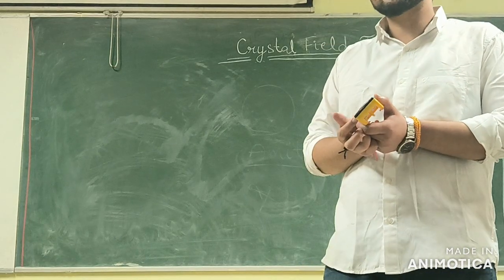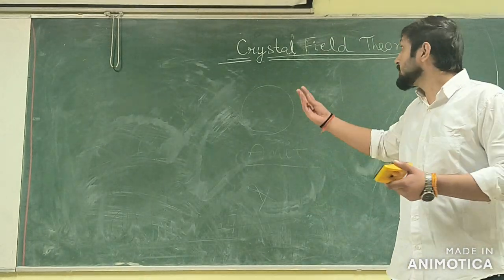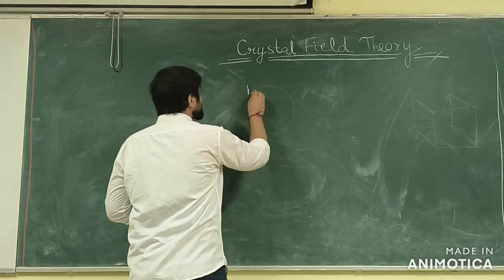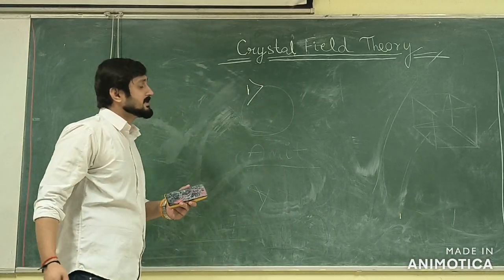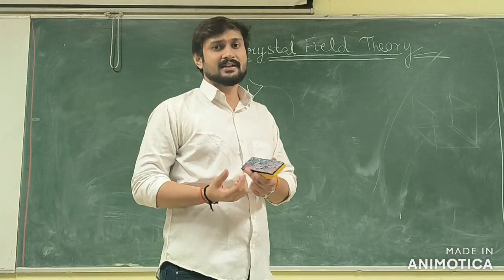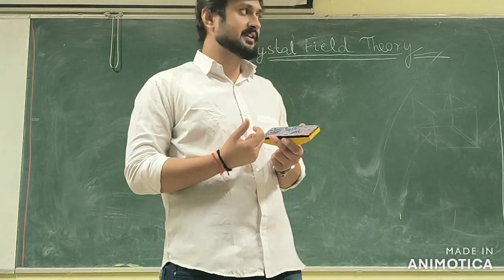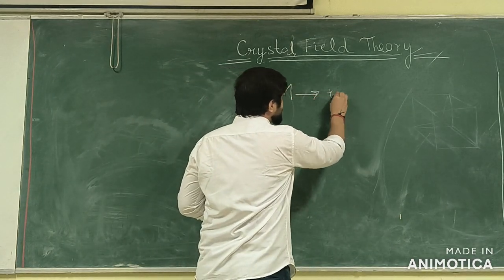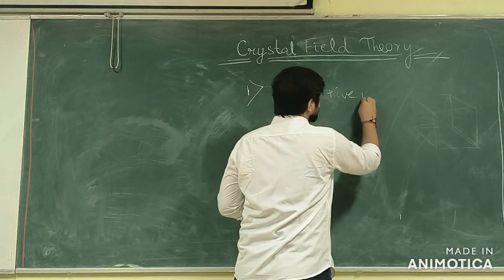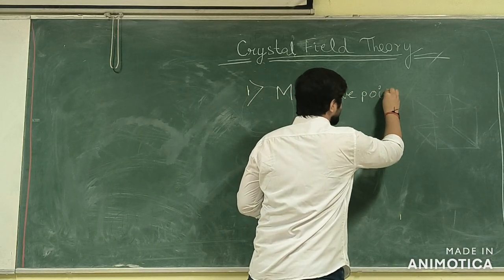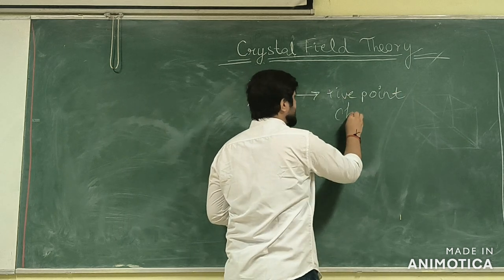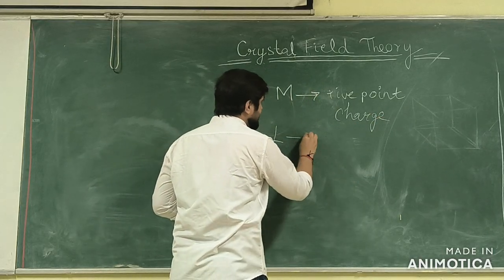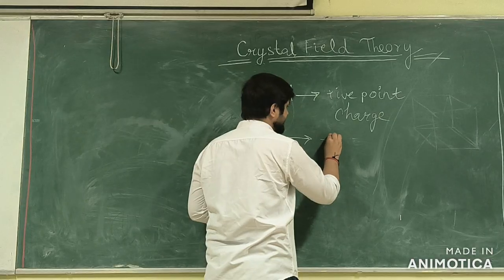So the main postulates of this crystal field theory are that it says the interaction between the metal and the ligand is purely ionic. The metal behaves as a positive point charge, while the ligand behaves as a negative point charge.